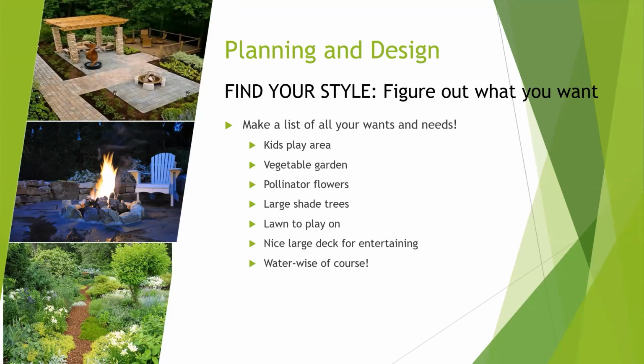So if you want to have a kids play area, you'll try to designate an area in your yard for that. You want a vegetable garden, find the best place for that in your yard. If you want pollinator flowers because you love to see butterflies and bees, then find an area in your yard that would do well for that. It's okay to have an area where you have some lawn that you can play on or use in your yard.